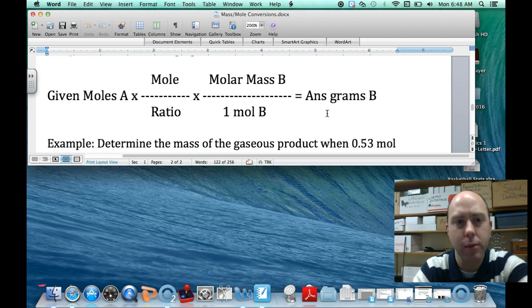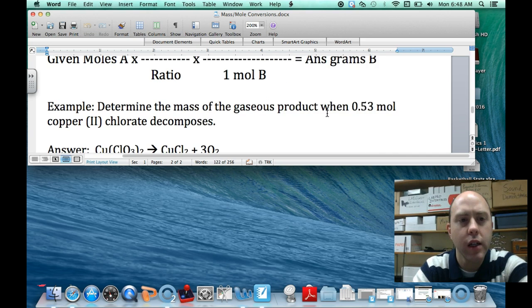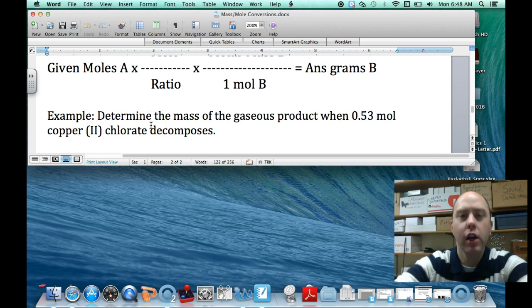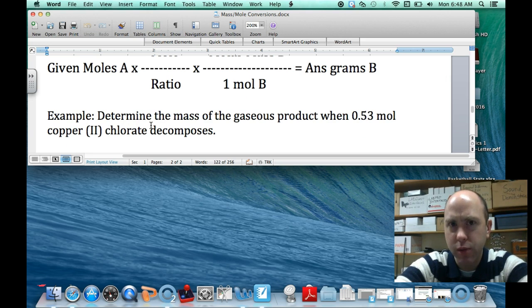So let's look at an example. Determine the mass of the gaseous product when 0.53 moles of copper 2 chlorate decomposes. So we have another decomposition reaction, kind of like what we saw in the last video, but this time it's decomposing a chlorate. So I need to remember, when you decompose chlorates, what do you make?